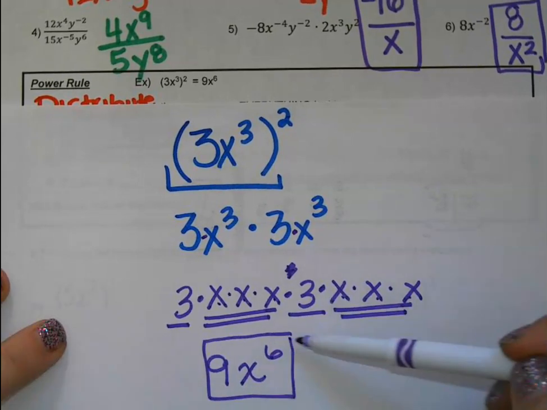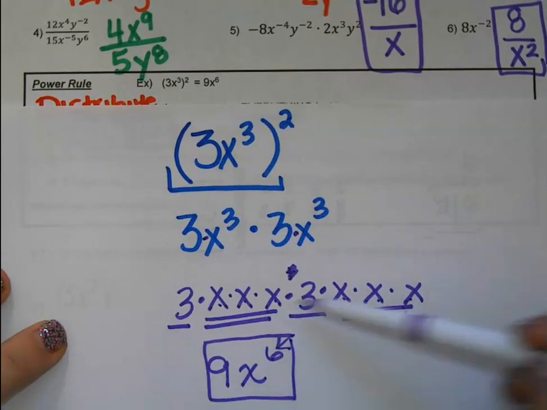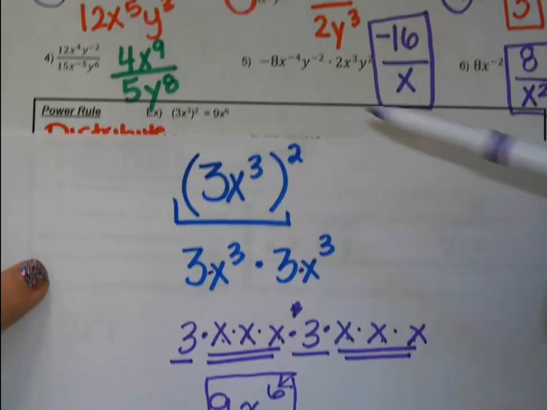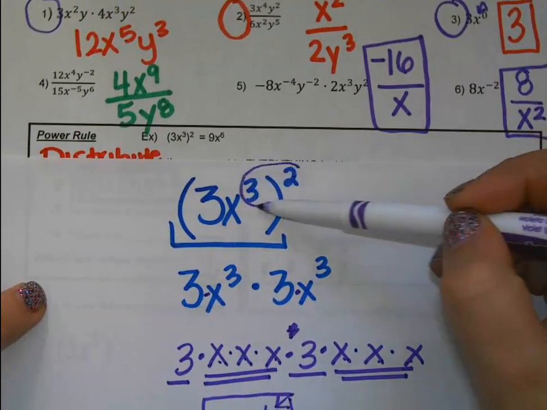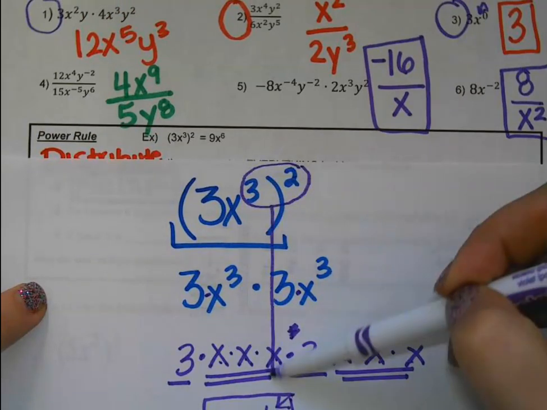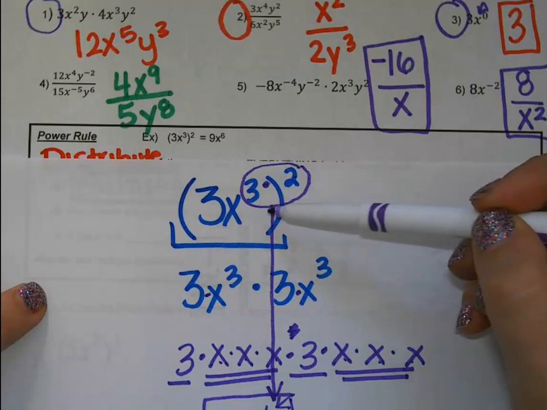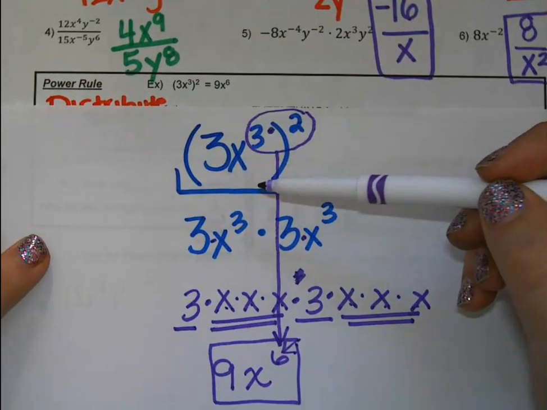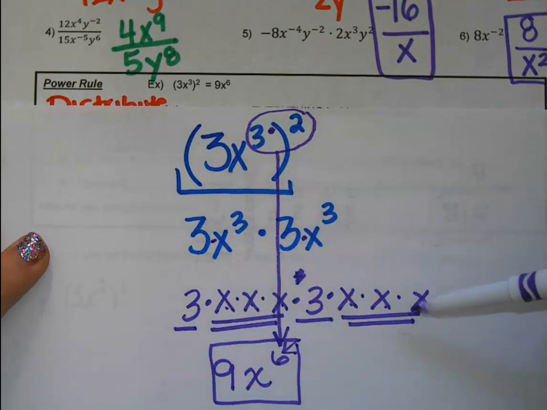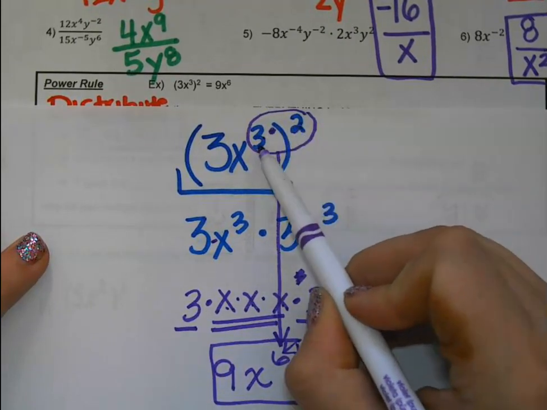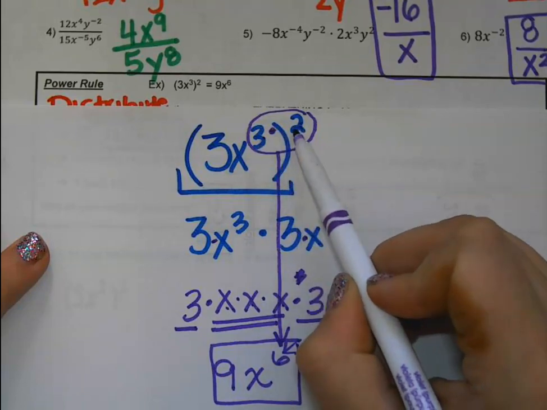So how did we get this 6 here without having to do every single problem this way and write it out really long? Well, if you look, to get 6, you multiply. So the rule here, without feeling like you have to memorize, we could expand it out and see the rule is to multiply the exponents in the parentheses with the exponent on the outside.